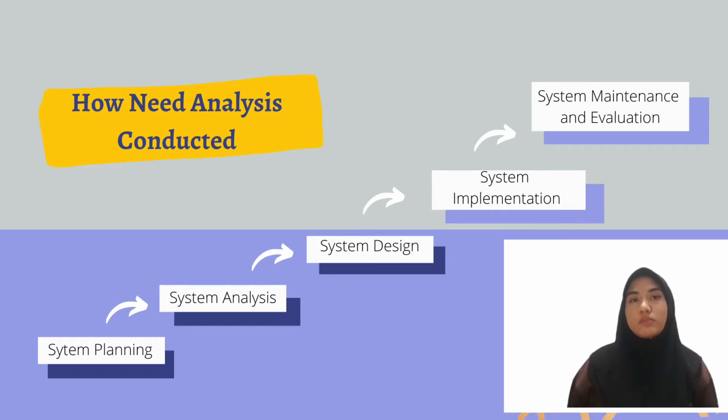Stage 4, system implementation. In this stage, HRIS is created, tested, and prepared for employee usage. To begin with, employees will classify and record the new HRIS goals. This includes selecting which components must be implemented and which are optional.